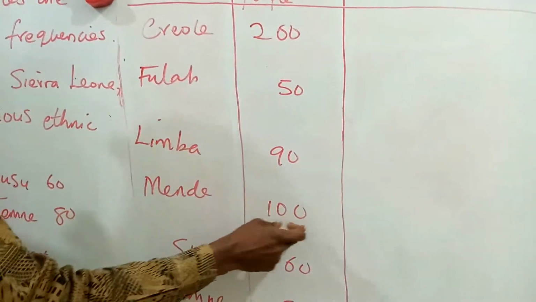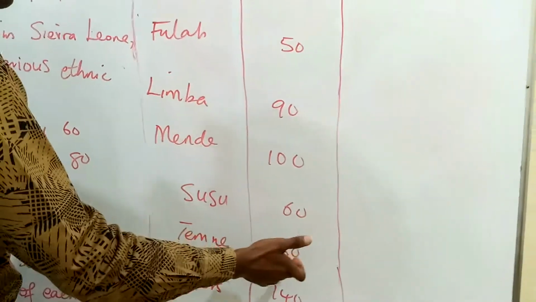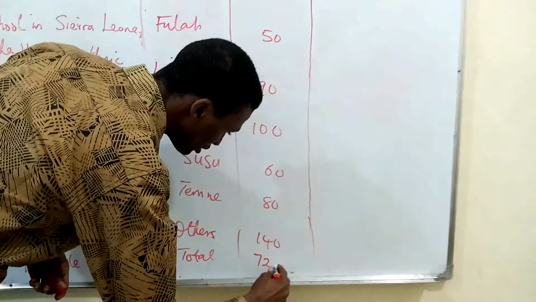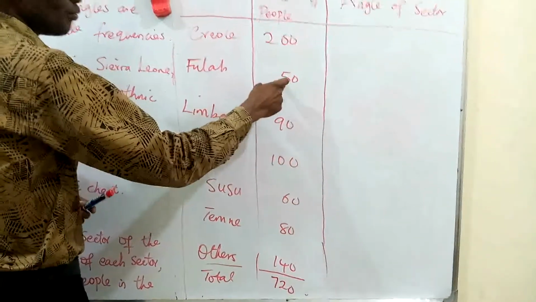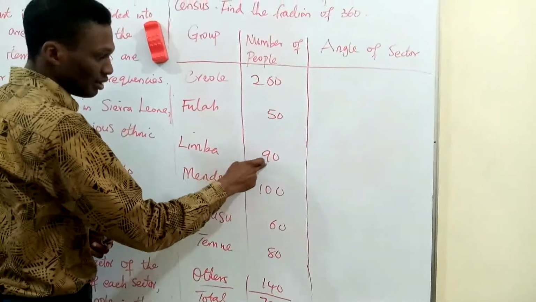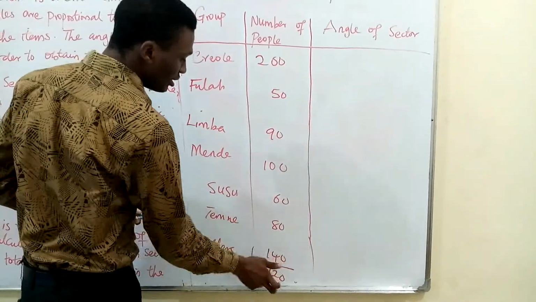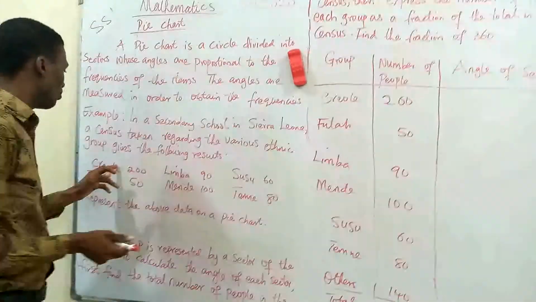Plus 100 we have 440. Plus 60 we have 500. Then 580 and 720. So our total is 720. Let's take it again: 250, 340, 440, 500, 580 and 720. So we have a total of 720 people.